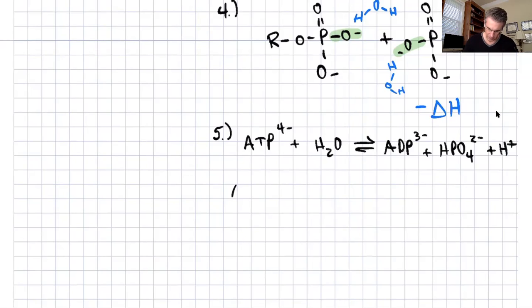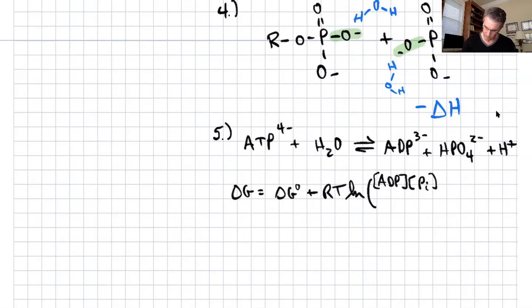We know we can write out the free energy for this overall process as equal, again, we did this just a minute ago, delta G naught plus RT log of ADP plus inorganic phosphate over the concentration of ATP. But we've got this other term over here, right?